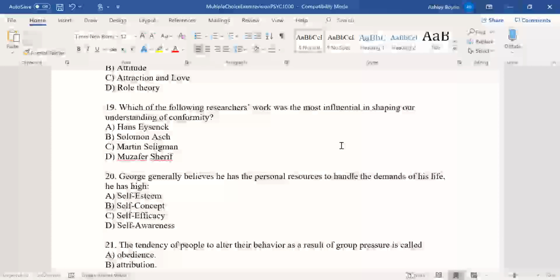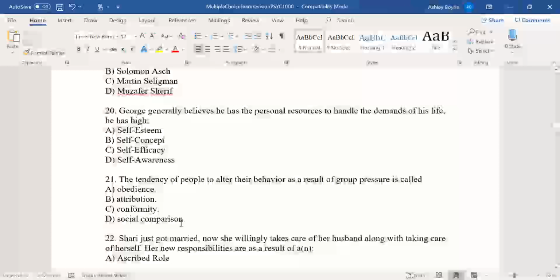Any guesses? C, A. A or C? C. Okay, so the answer is C. So you guys remember me explaining how Milgram was conducting this experiment?